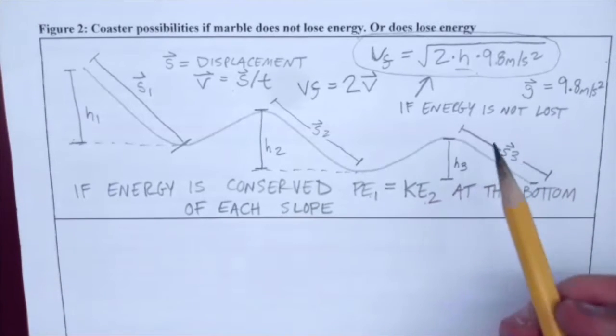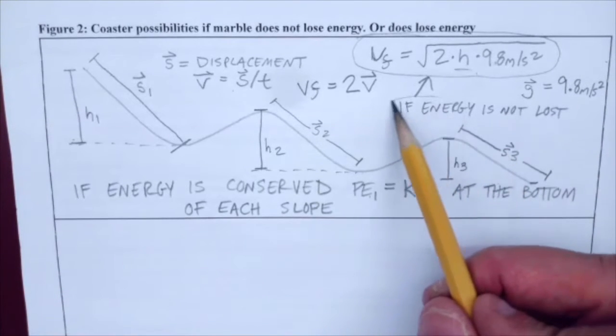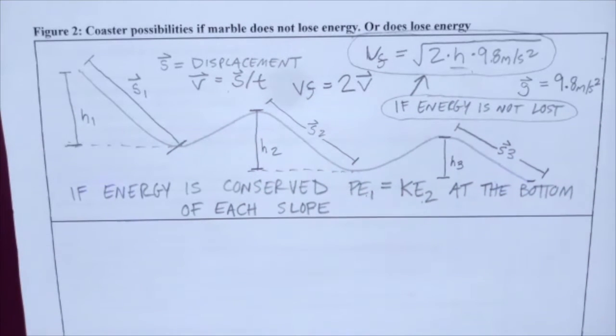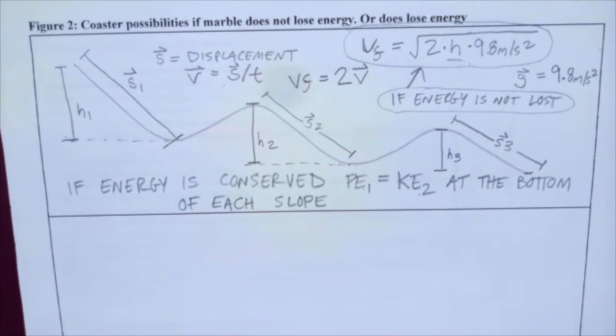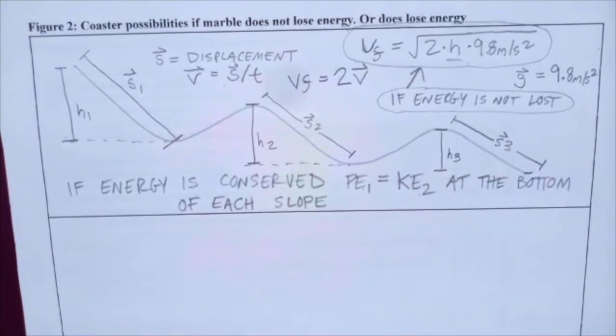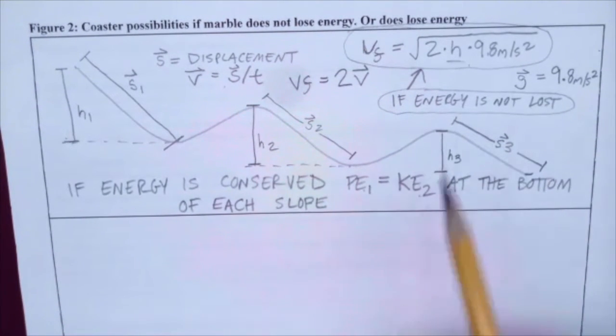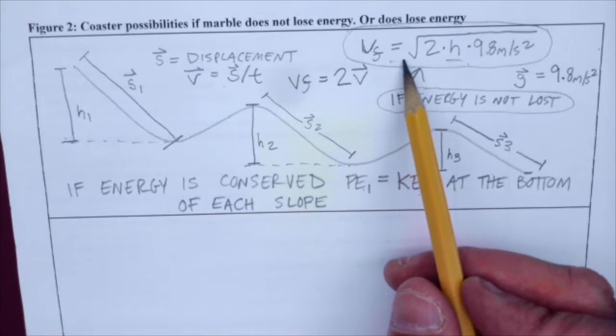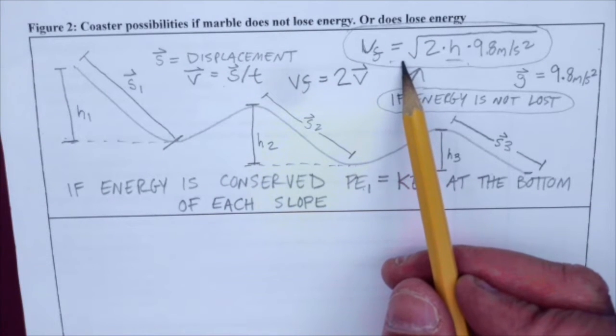We'll do a standard deviation from now on. And then we'll do a percent deviation of that standard deviation. Especially with numbers like this, that's the only thing that's going to give us meaningful error. Okay, so if energy is not lost, then this is the velocity we calculate from energy equations, kinetic and potential energy equations. The velocity should be equal to this or greater than this.